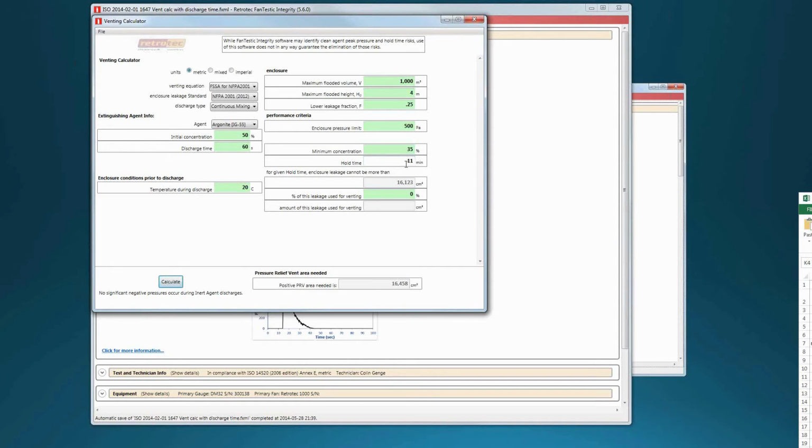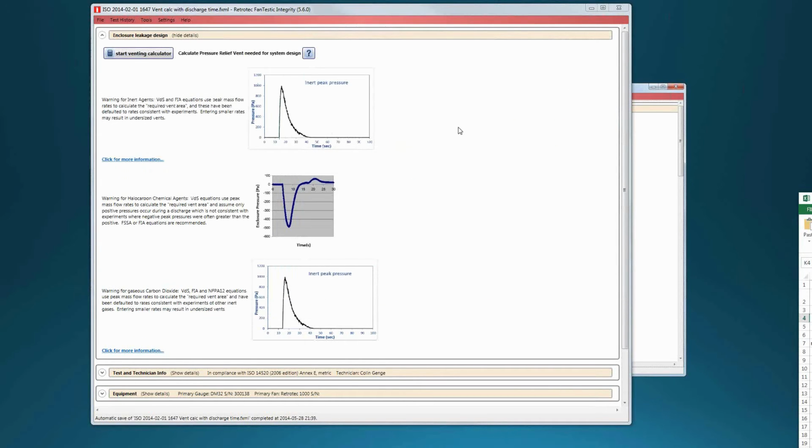Our software will allow you to do it either way, so that you can rely on enclosure leaks only, PRV leaks, the pressure relief vent area, or free vent area of the pressure relief vent itself, or both, whichever way you want to do it. Which sometimes causes more confusion, but I'm sorry, that's the way it is.